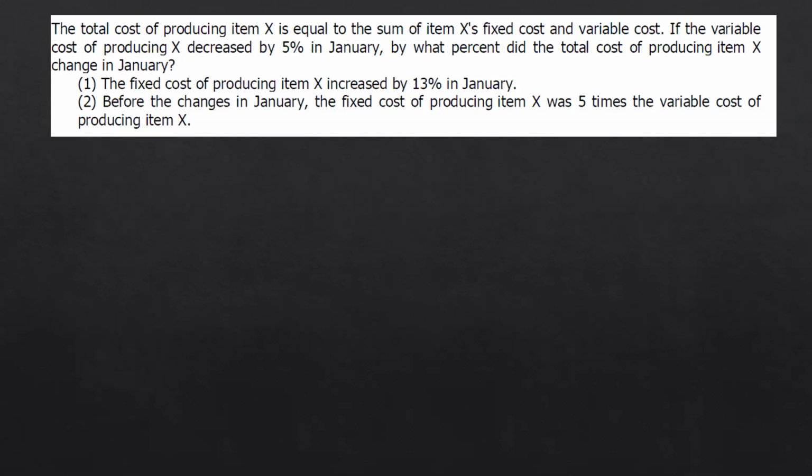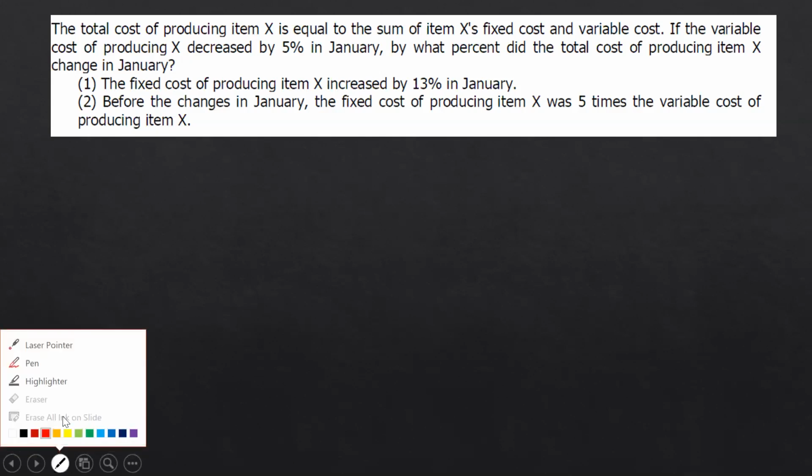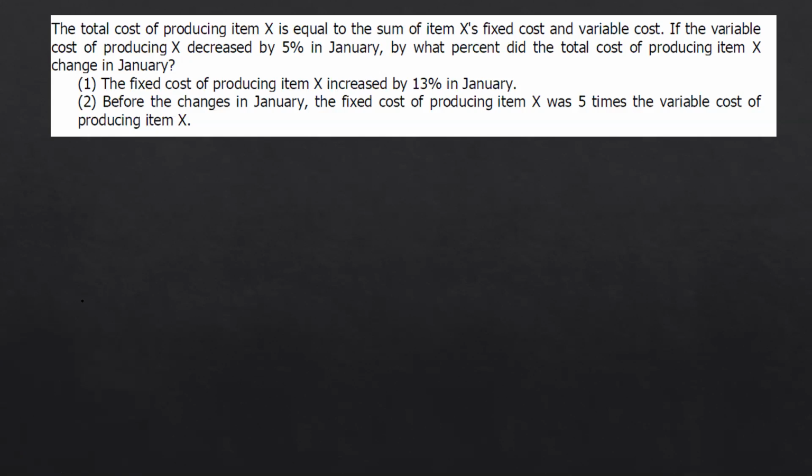Okay, so it says the total cost of producing item X is equal to the sum of fixed cost and variable cost. The variable cost of producing X decreased by 5%. So the cost of X is the fixed cost plus the variable cost.